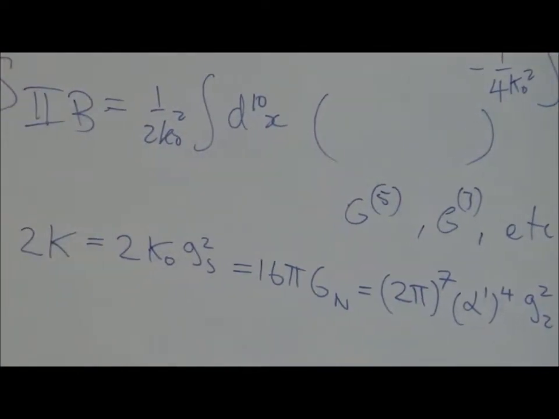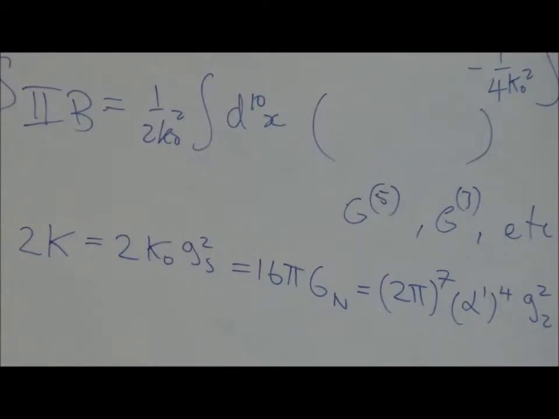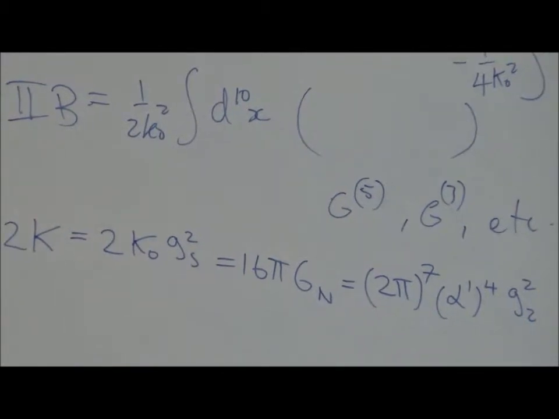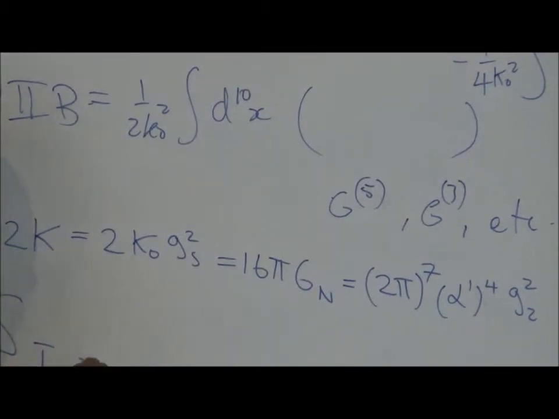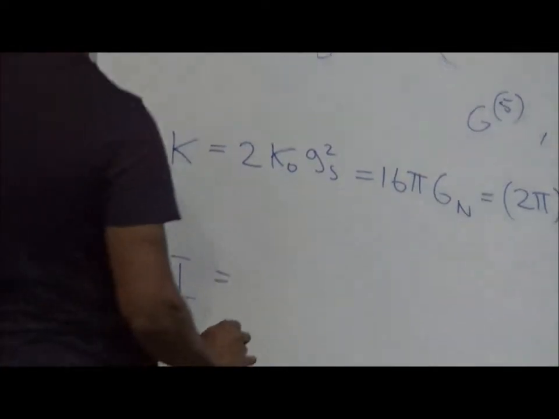Okay, so that's going to be important later on. So that's set by the fact that I have definite normalization for what my strings are doing in the basic string theory.